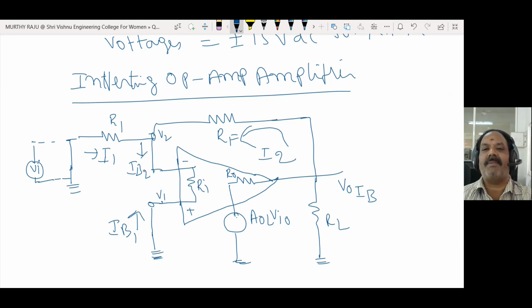Generally, VI voltage is applied to the inverting terminal of an op-amp through R1. In our analysis, both input terminals of the op-amp are connected to ground. The non-inverting terminal is connected to ground, and the inverting terminal is also connected to ground through R1.